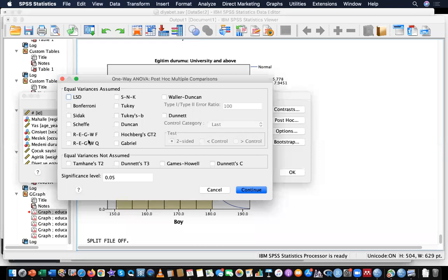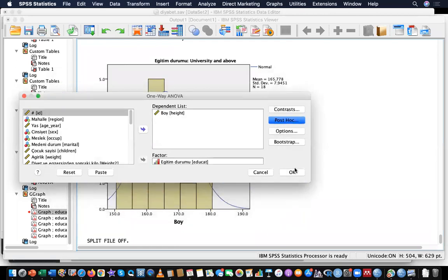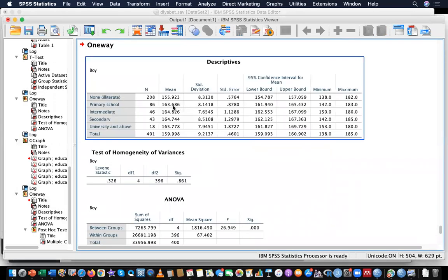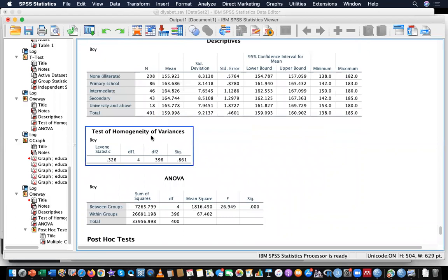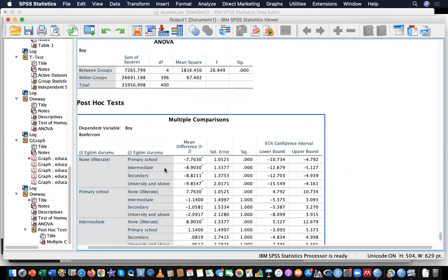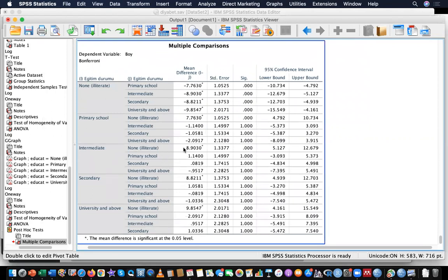So you select any one here. I will select Bonferroni because I will explain shortly what Bonferroni is. Bonferroni post-hoc analysis and click OK. Let us see the outcome of the Bonferroni. I have again the descriptives, the homogeneity of variances, the ANOVA result, and plus at the end these multiple comparisons.